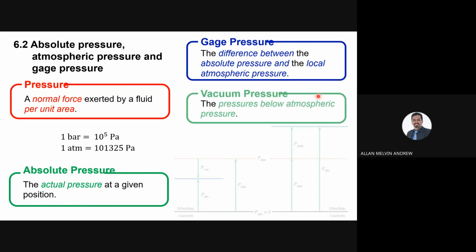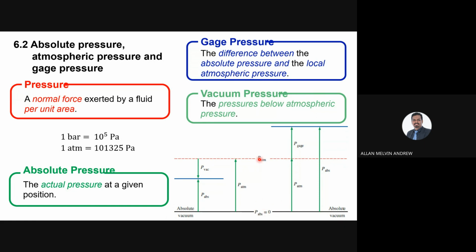Okay, then we have vacuum pressure, a pressure below atmospheric pressure. And we have absolute vacuum. The absolute vacuum is something that is not possible to happen on the Earth because we are dealing with gravity. But maybe in outer space, there will be absolute vacuum where pressure equals zero.